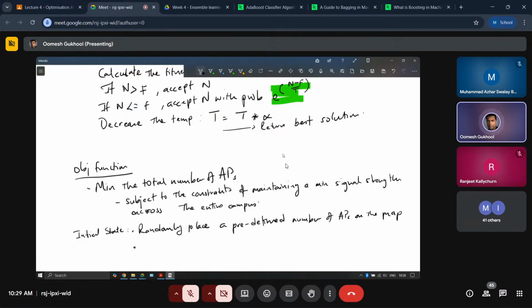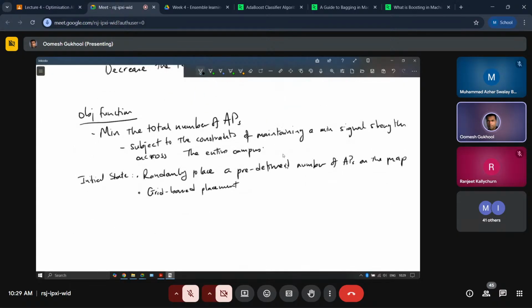Another technique would be you can use grid-based placement, so it becomes more discretized, also to do the initialization.